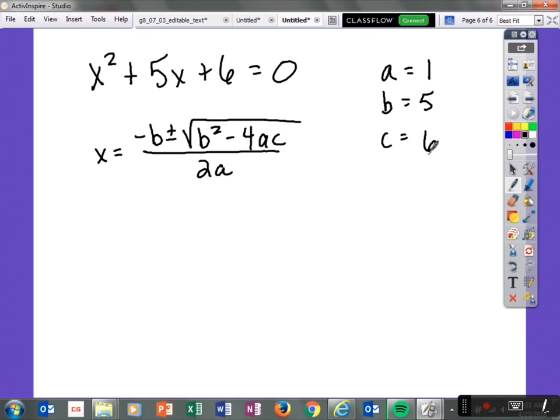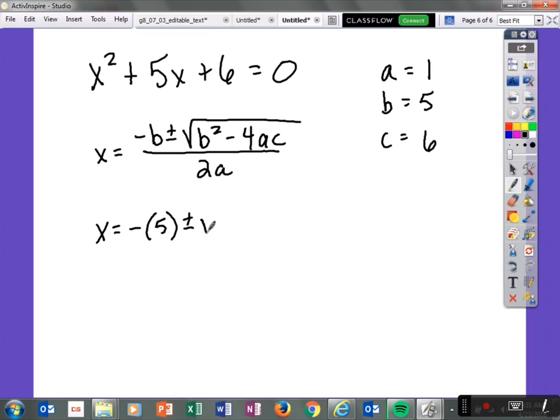So now when we plug it in, I know some of you could just type it in the calculator without having to write it down. I gotta see the work. So I gotta see this, and then the next step where you plug it in, on paper before you plug it in on the calculator. So x equals negative, what is B? You put that in parentheses. Remember, every time we plug a number in, we always put it in parentheses.